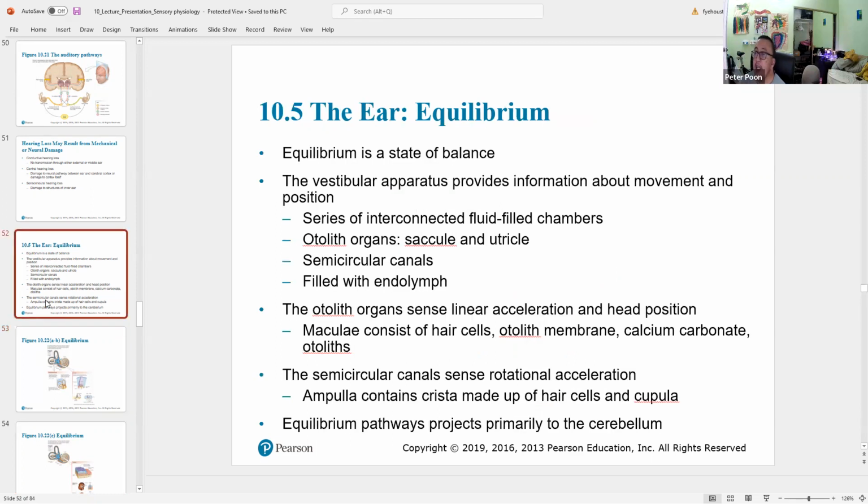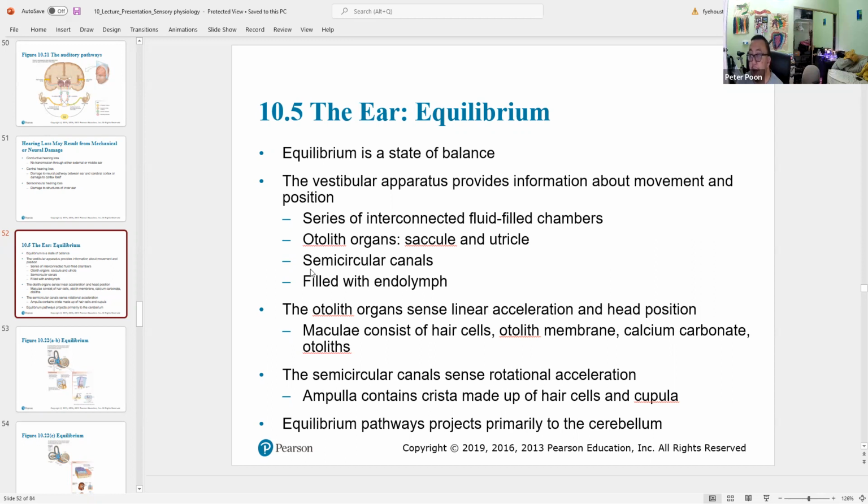The other one is rotational equilibrium. Rotational equilibrium has three planes, and you can rotate in three directions: x, y, y, z, and x, z. The ones responsible for static equilibrium are the otolith organs, the saccule and utricle.